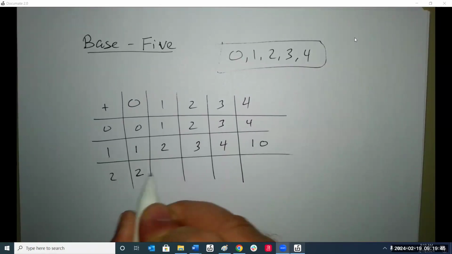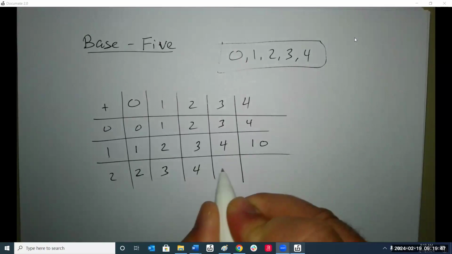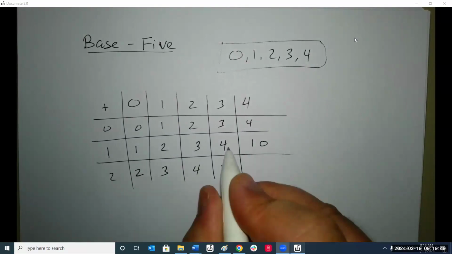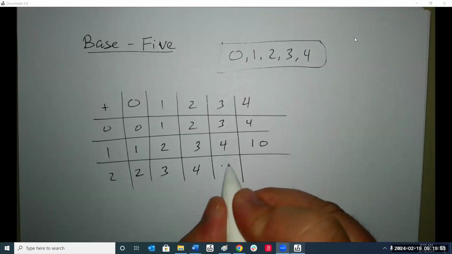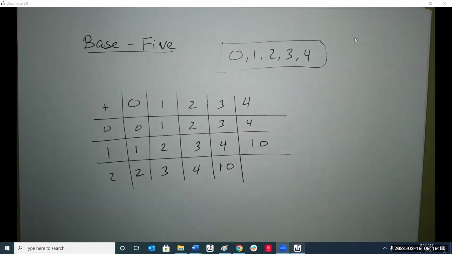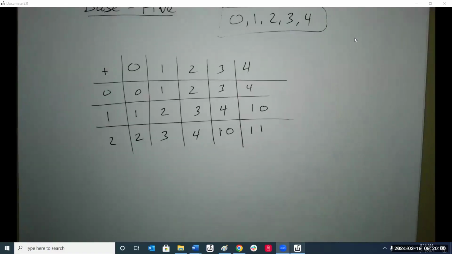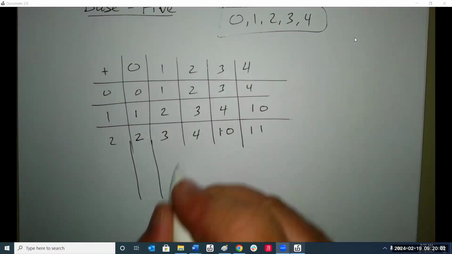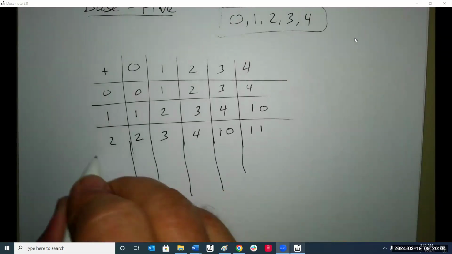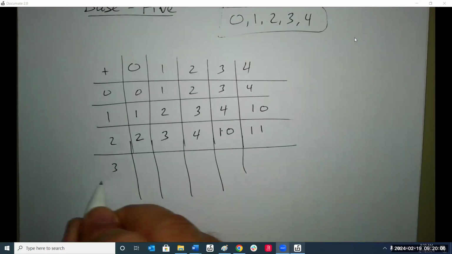So this is 2, 3, 4. 2 plus 4 is 6, but it says we have no more 5s. We have one more there. And this one would be 1, 1, not 11.